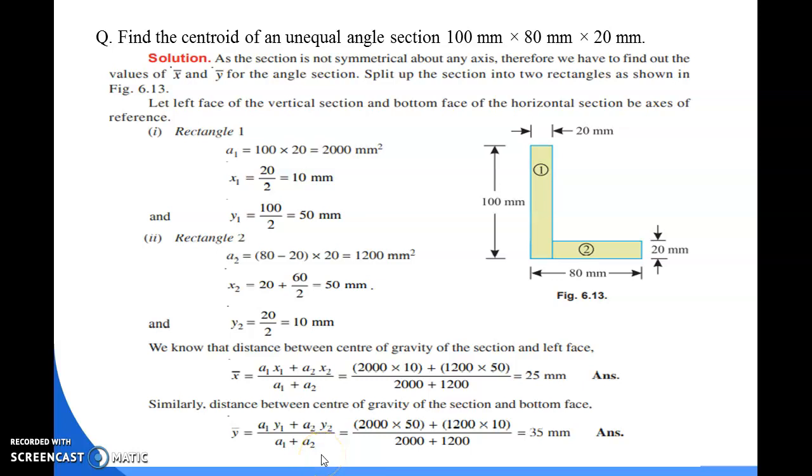By putting all the values of a1, a2, y1 and y2, we have the answer equal to 35 mm. Hence, the center of gravity along the x-axis is equal to 25 mm and along the y-axis is equal to 35 mm.